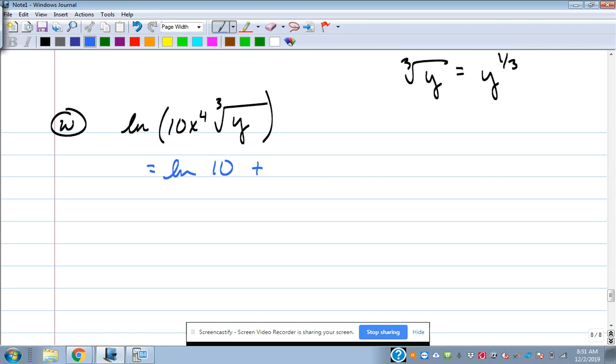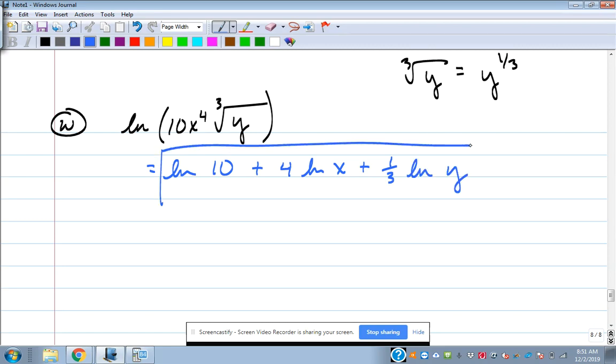So what can happen with that? Yeah, I can pull the 4 out to the front and then do natural log of x. And then the cubed root of y, we just talked about, it's the same thing as y to the 1/3 power. So that would be 1/3 natural log of y. And we did it all in one step.